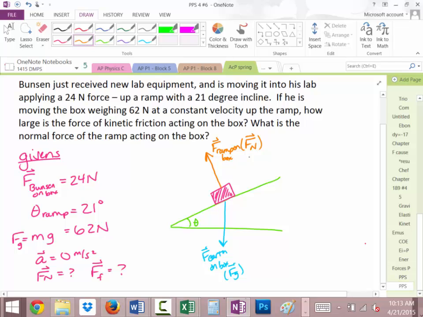He is, yep, he's pushing it up the ramp. So let's go ahead and just put that one in. Here he is. Up the ramp. So the force of Bunsen on the box. Up the ramp. So FA. There you go. Are there any other forces acting?